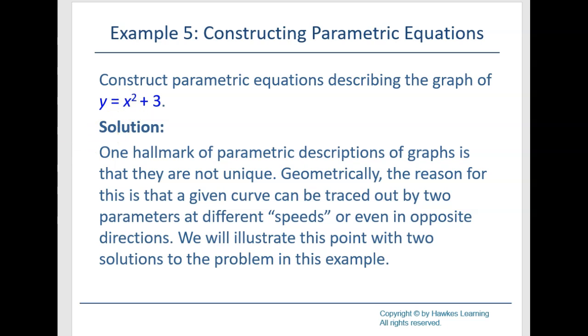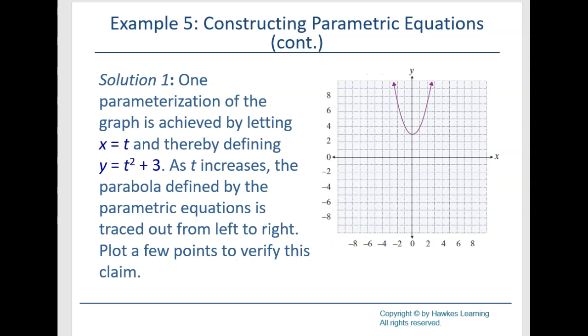So in that case, the easiest thing to do is to make x equal the parameter directly, and then let y be equal to, instead of x squared, the parameter squared plus 3. And then we get a parametric representation of that graph with a very straightforward way to do it.